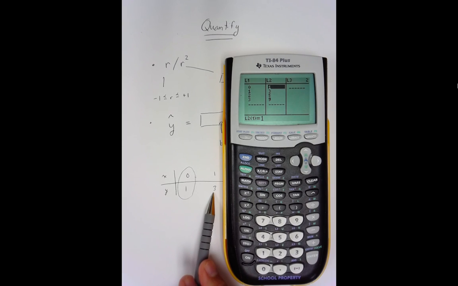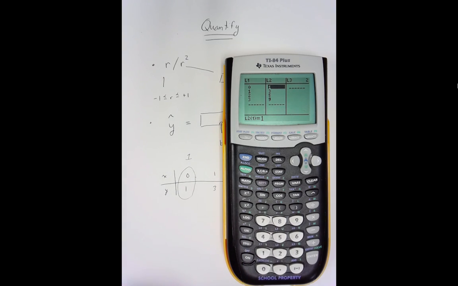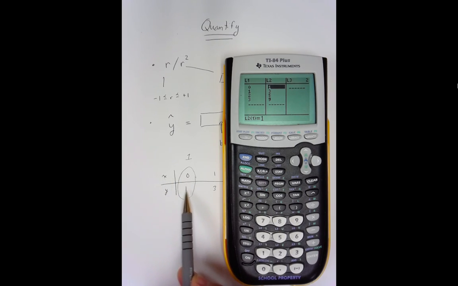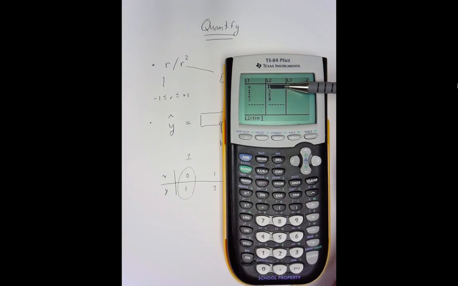This 1 and 3 represents the second observation. So for this very first student or tree or dog or cat, whatever it is, we've collected an X value of 0 and a Y value of 1 on that particular subject. Guys, they must be on the same line when you put this in your calculator.